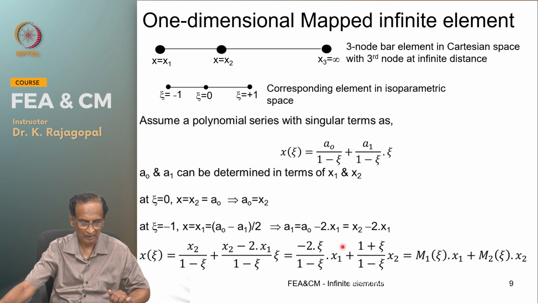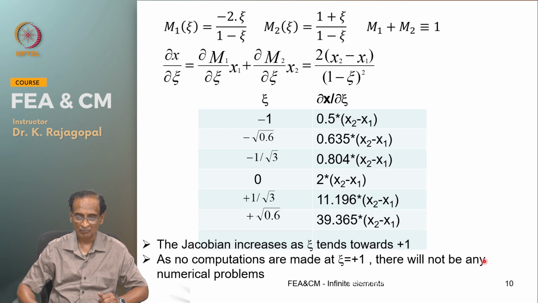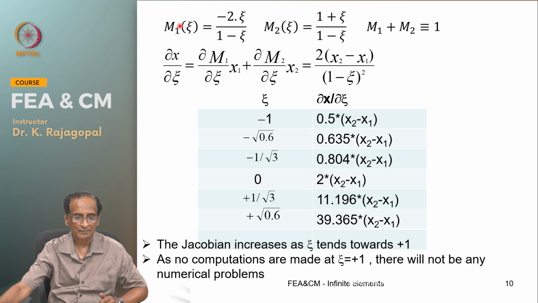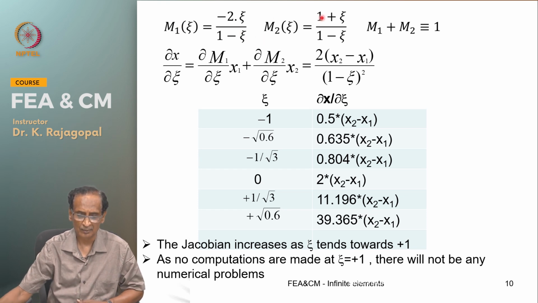By grouping these under x1 and x2, m1 can be written as minus 2 xi by 1 minus xi, and m2 can be written as 1 plus xi by 1 minus xi, and we can write our x as m1 x1 plus m2 x2, where m1 and m2 are our mapping functions.